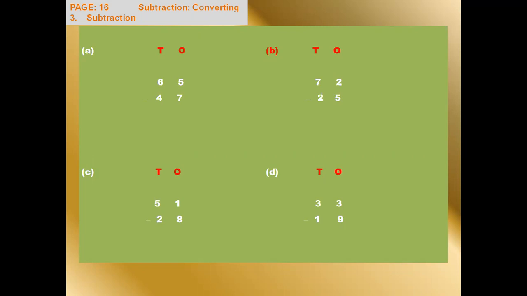Question number 3 of page number 16. There are 12 parts of this question. So let us start from part A. The question is 65 minus, meaning subtraction, 47.